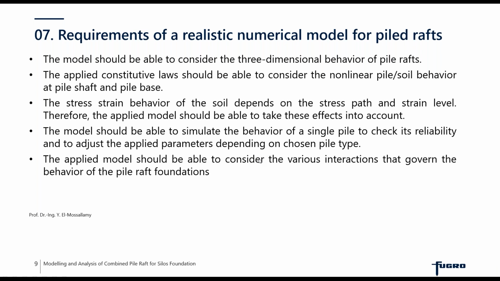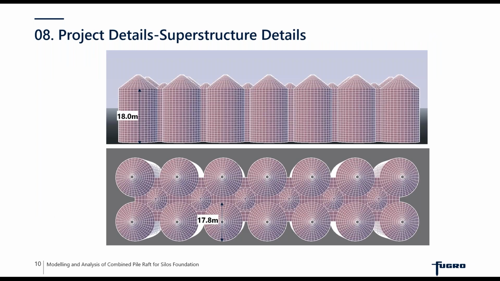Now we'll talk about the project. The project consists of a superstructure of a group of silos which are used to store rice at the project site. The overall height of the cylindrical portion of the silos is 18 meters, and up to the top of the cone it's around 23 to 24 meters above the foundation level.